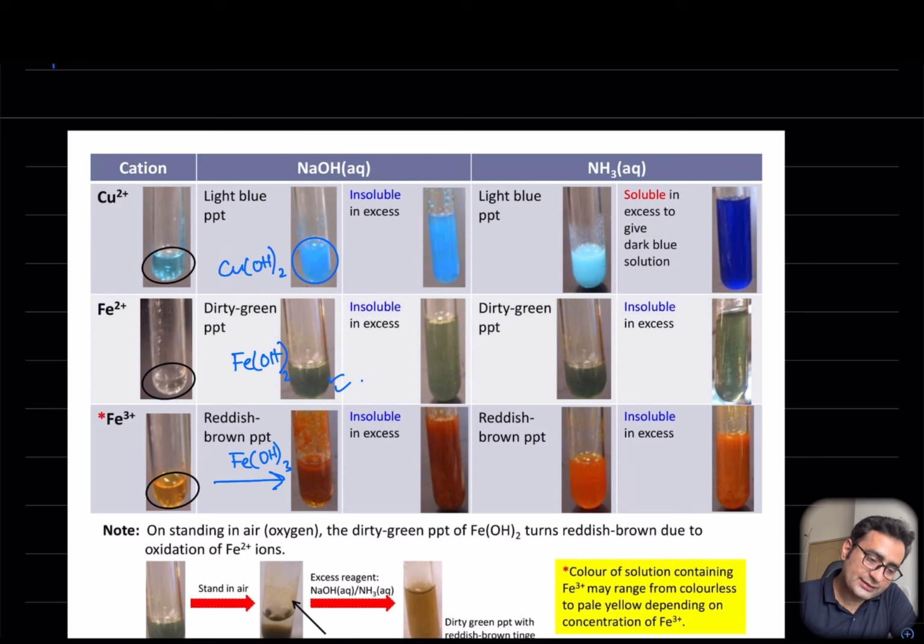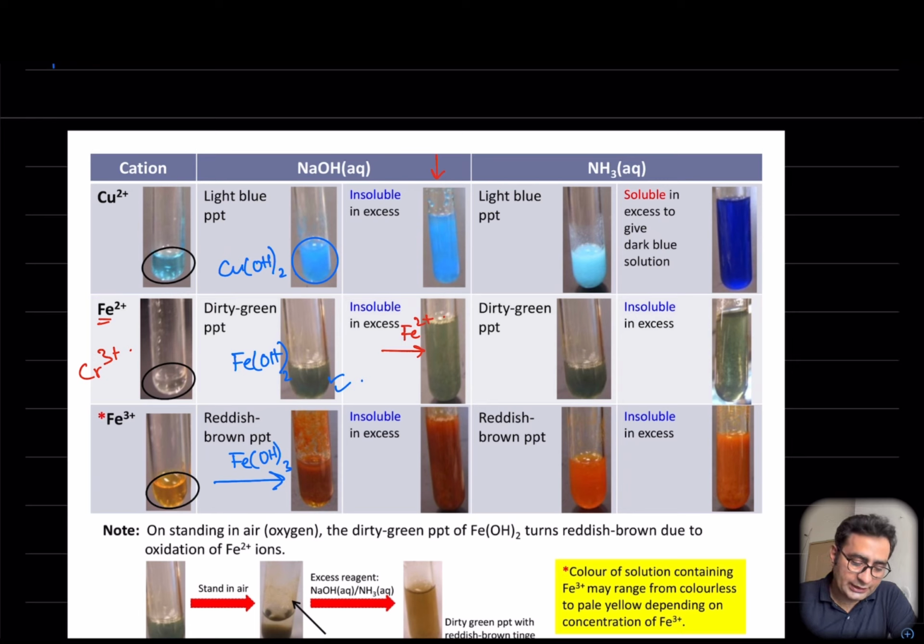And all these three precipitates are insoluble in excess. If you add excess NaOH, the precipitates will remain insoluble. If you are getting a green precipitate, we can assume it's either chromium 3 positive or iron 2 positive. If this green precipitate remains insoluble, that is going to be iron 2 positive.